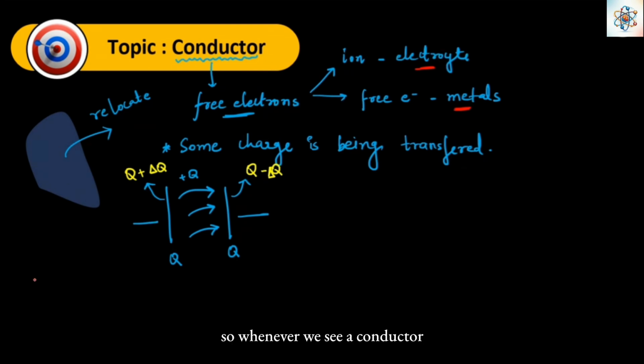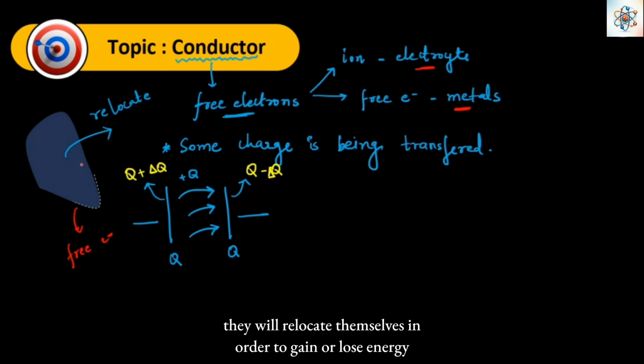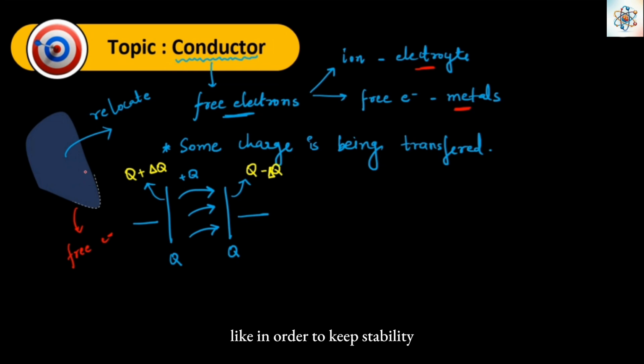So whenever we see a conductor, that conductor must possess these free electrons, and these free electrons, if they find any situation to relocate, will relocate themselves in order to gain or lose energy, in order to achieve stability.